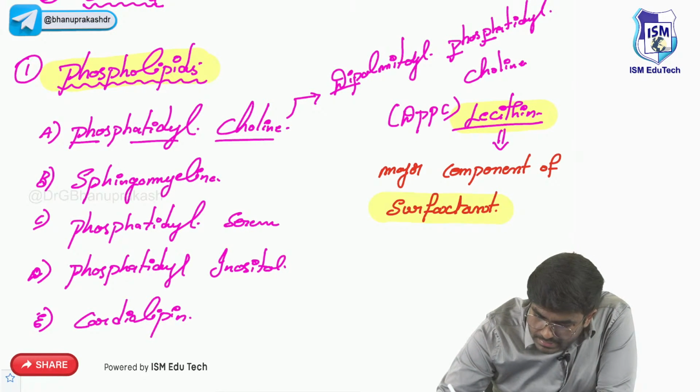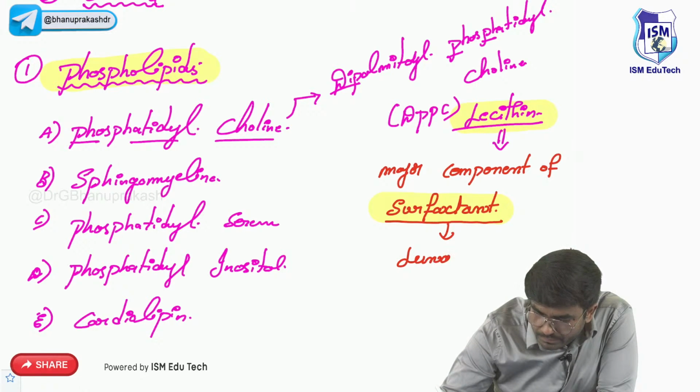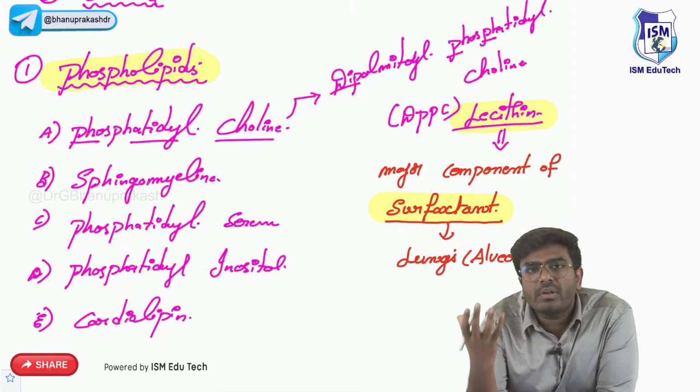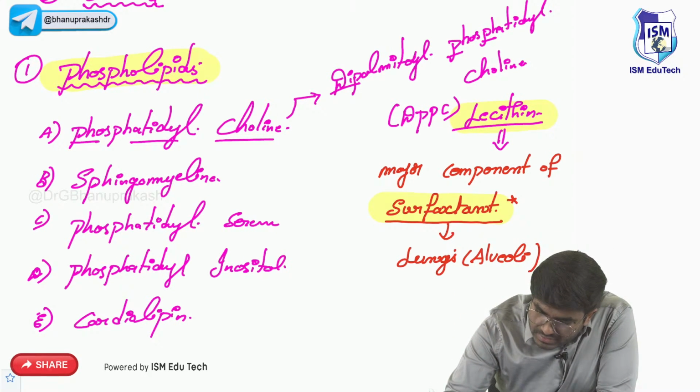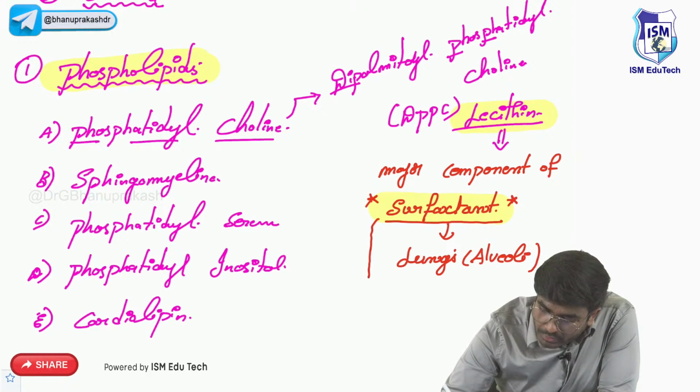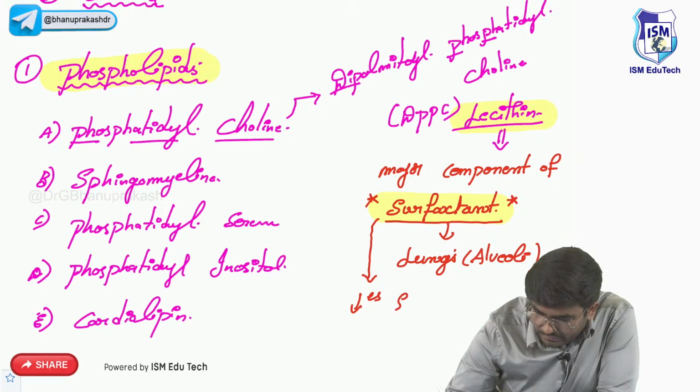Very simple, guys. Surfactant is something present in the lungs, especially in the alveoli. In your lungs there are these alveoli, right? In your lungs there is a substance present called surfactant. The surfactant is very important because it decreases surface tension.